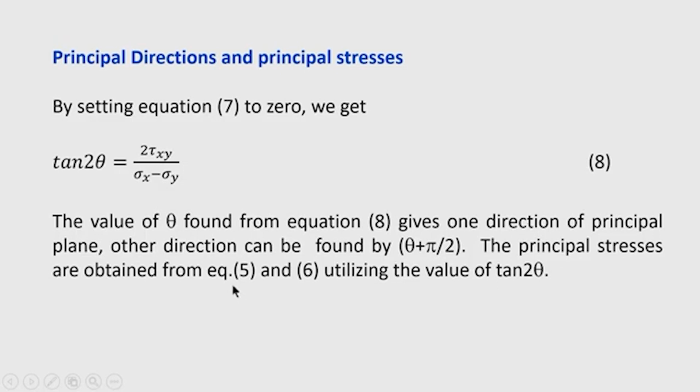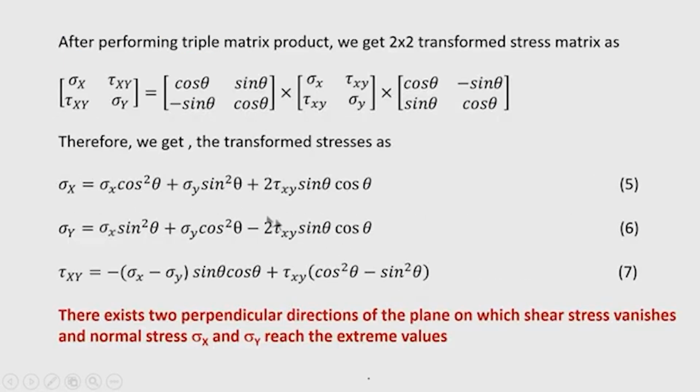Principal stresses are obtained, and the principal stresses are the extreme stresses. Once you find the value of theta, we can utilize it in this expression to find the principal stresses.